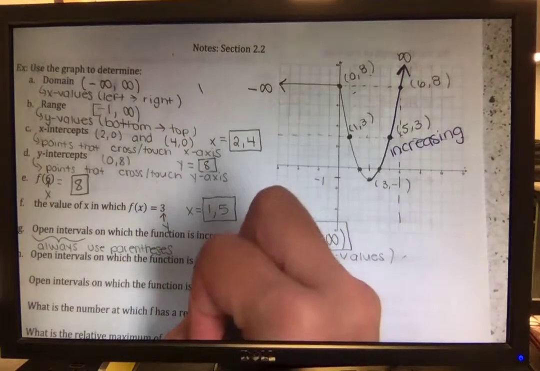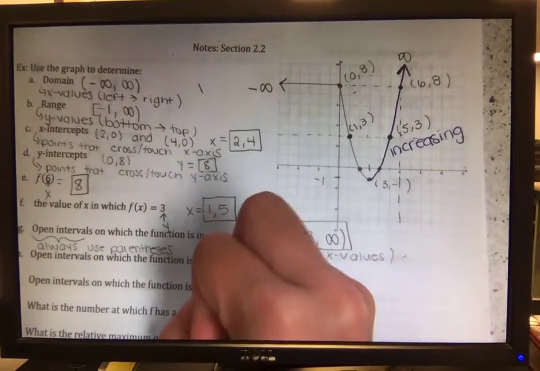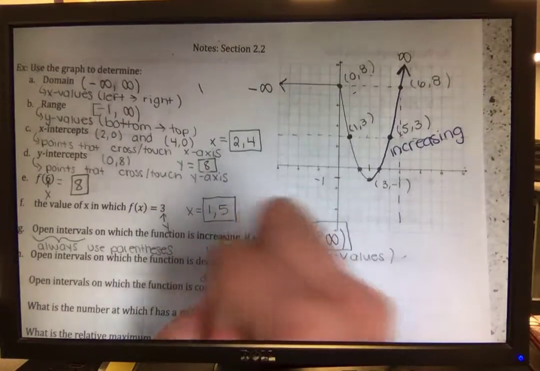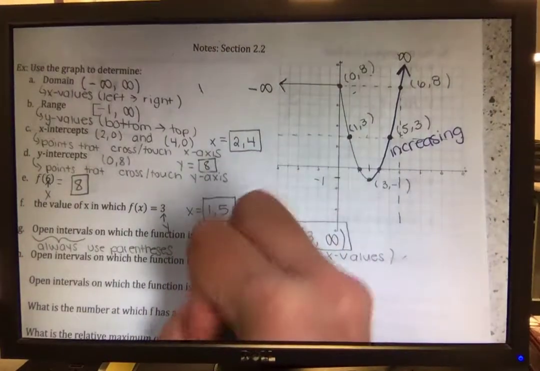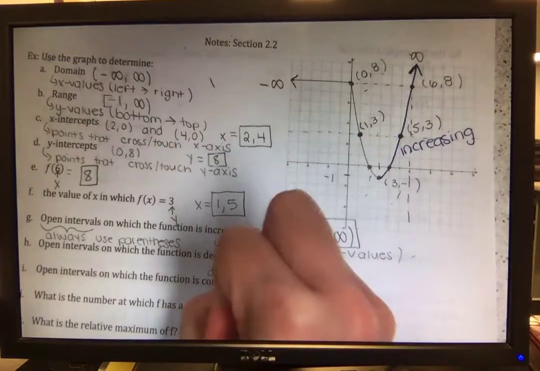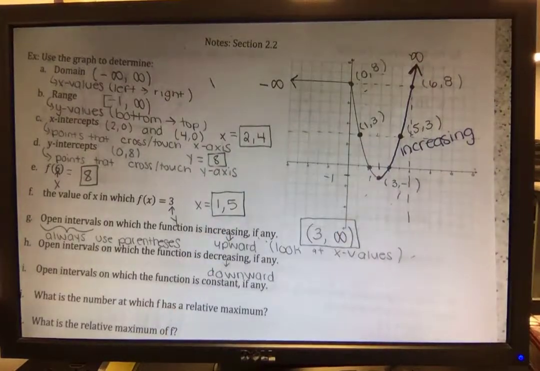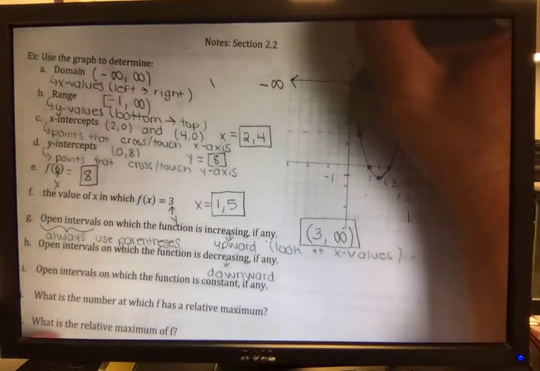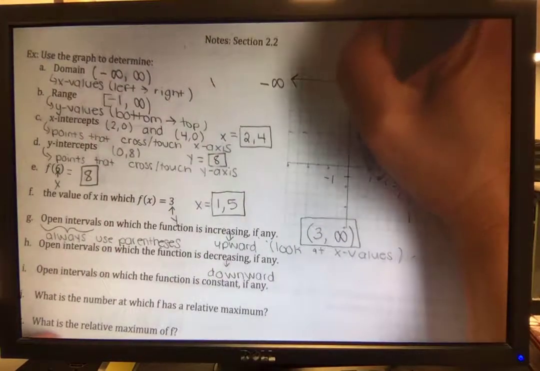Same thing for the open intervals on which the function is decreasing. So decreasing means it's going downward. So it's going downward, starting from here, all the way to there.